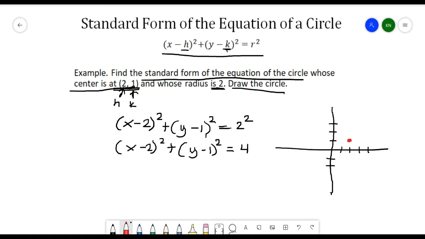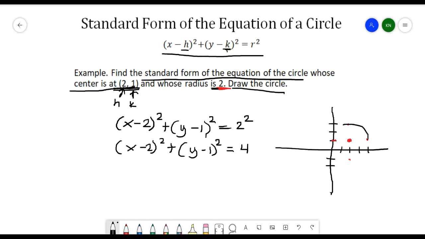Then, as we know, the radius is 2, so you need to count 2 points after the center. So we have 1 and 2, and 1 and 2, probably at this point, and somewhere here. Now let's try to draw our circle.